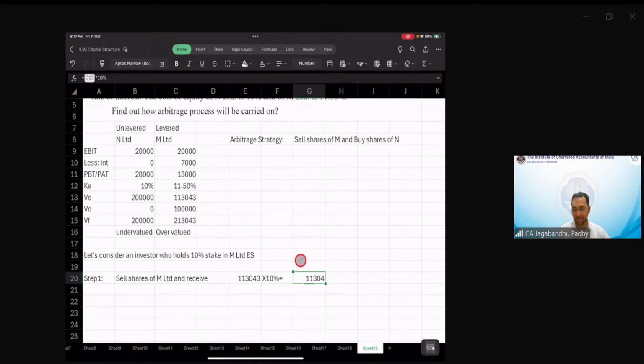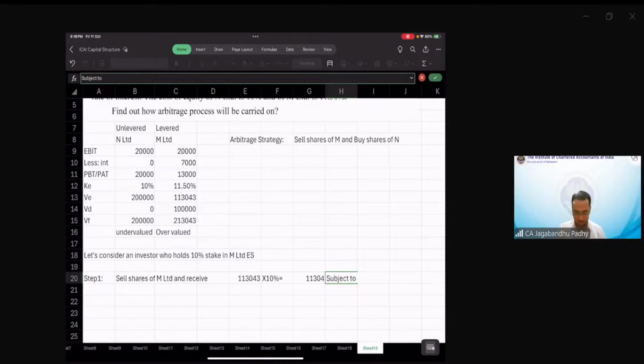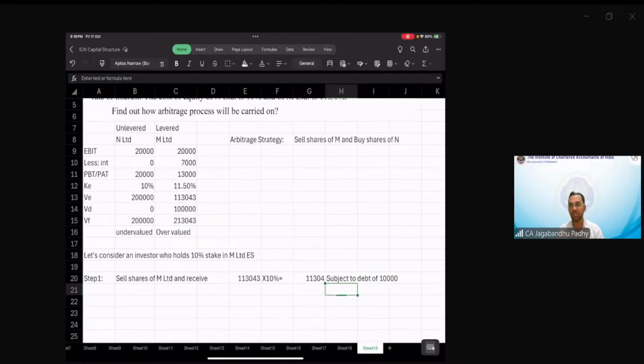So now if I take this 11,304 and simply invest in N Limited shares, is the risk remaining the same? The risk which you were taking earlier and the risk that you have now? Because earlier, 11,304 was subject to a debt of, can I say, his share of debt was 10,000?